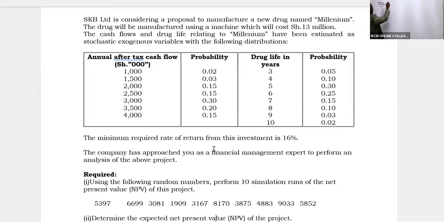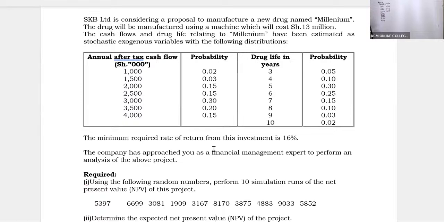And then we have probabilities. Our probabilities, I can see there 0.02, then we have 0.03, then we have 0.15, then 0.15.